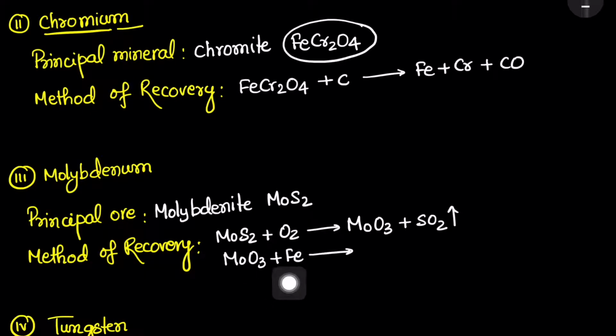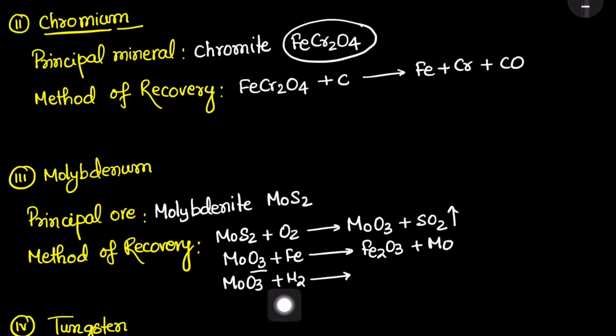Iron has a strong affinity towards oxygen, more affinity towards oxygen than molybdenum. So iron will remove the oxygen from the molybdenum trioxide to form Fe2O3, and molybdenum will get reduced to molybdenum metal. Or another method is molybdenum trioxide can also be reduced by using hydrogen, because hydrogen is also a very good reducing agent.